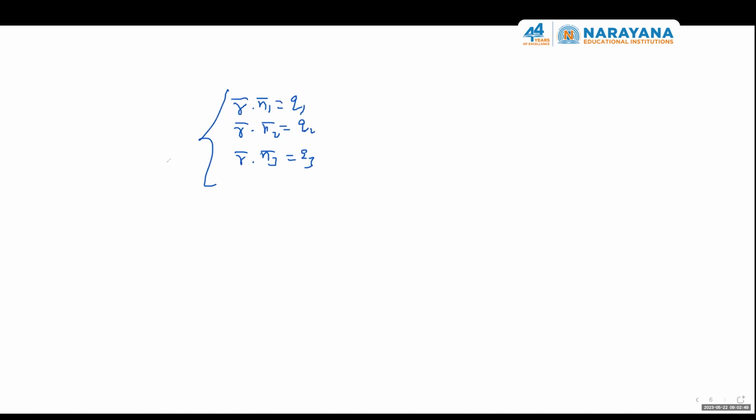Okay. If a plane contains the line of intersection of planes this and this and is parallel to the line of intersection of planes this and this. So if a plane contains the LOI of R dot N1 equal to Q1 and R dot N2 equal to Q2. So question you understood? Right? Yes.